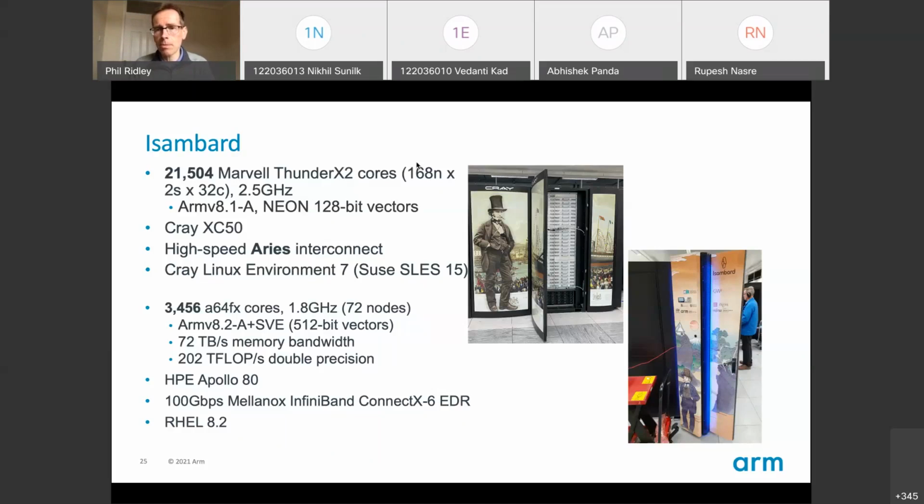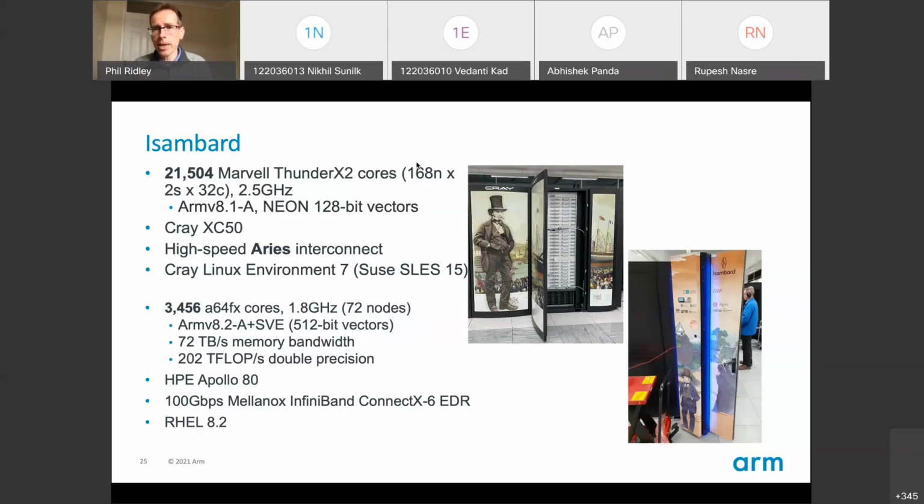But in terms of what applications are run on there, it's an academic system. Isambard has been supported by a UK research establishment, and it was from a consortium of a group of UK universities: Exeter, Bristol, Cardiff, and Bath, together with the UK Met Office, who are one of the UK weather centres.